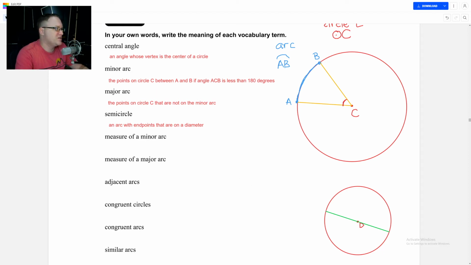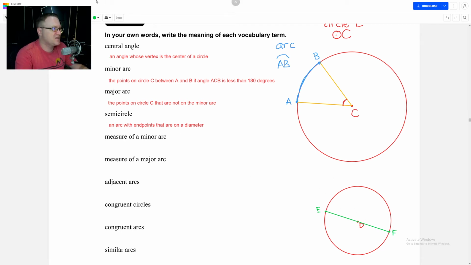I'm going to give a couple more names. I'm going to say that this point right here is point E, and this point right here is point F. So this line segment EF is a diameter.